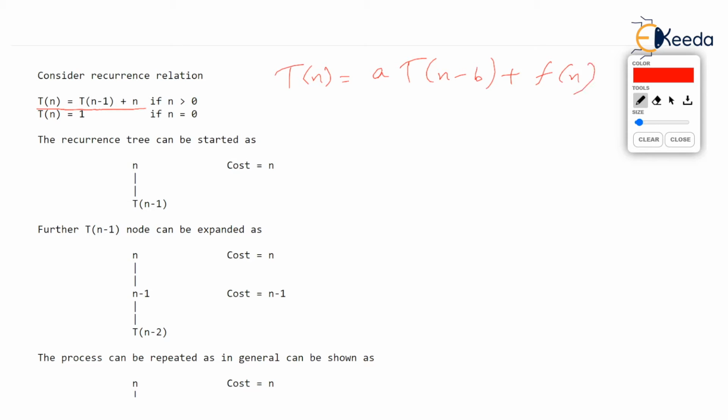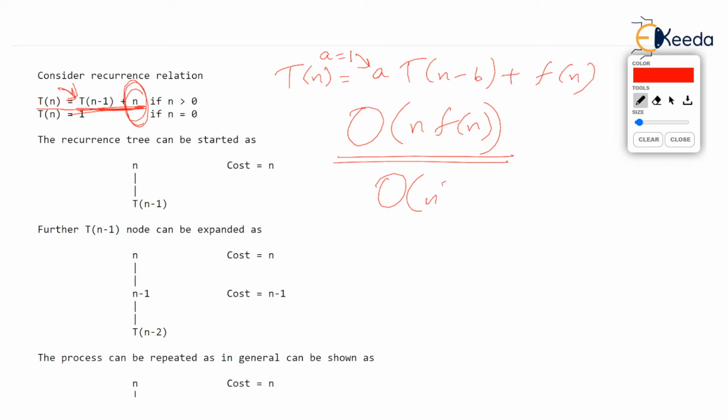And we had case 1, that if A is 1, notice here A is 1, in this recurrence relation, then we say big O of n into Fn. Are you understanding? This was case 1. So what is Fn? Fn over here, observe, is n. So basically we are going to get O of n square. We already know the answer, isn't it?